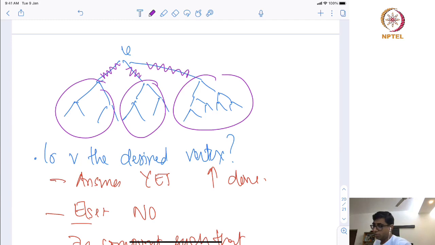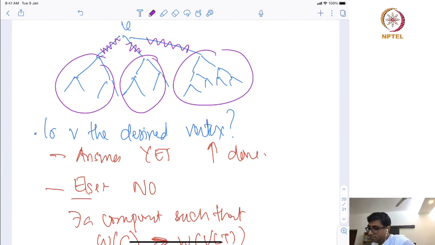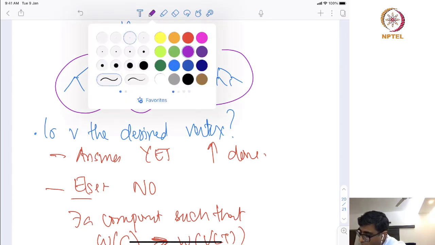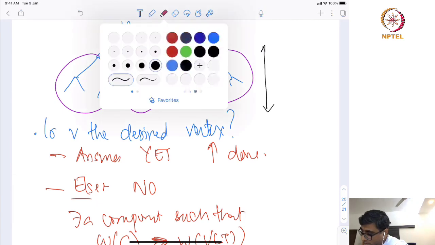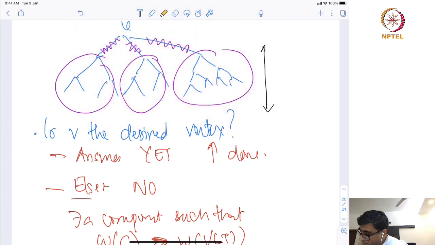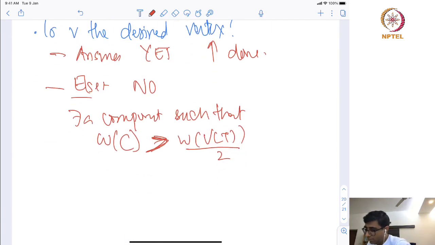Now if v is not the desired vertex, then there is a component here which is heavy.